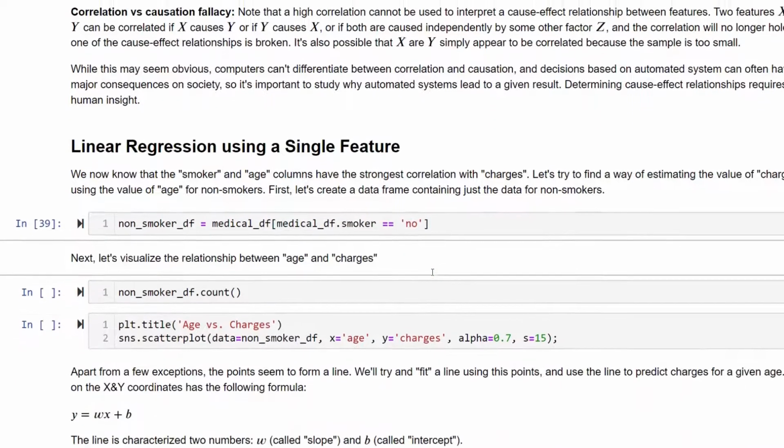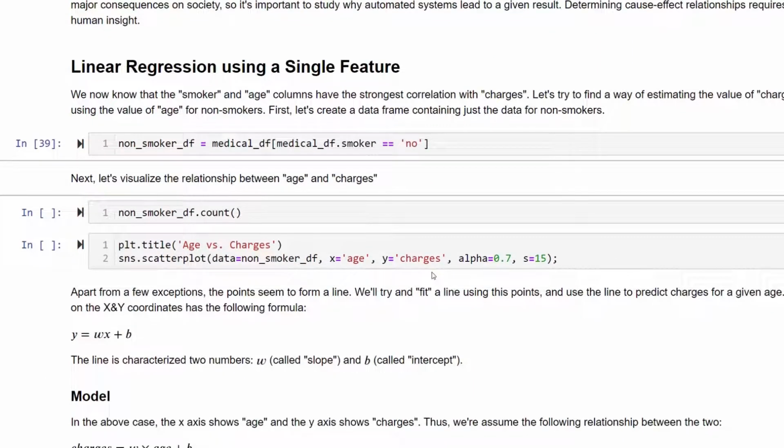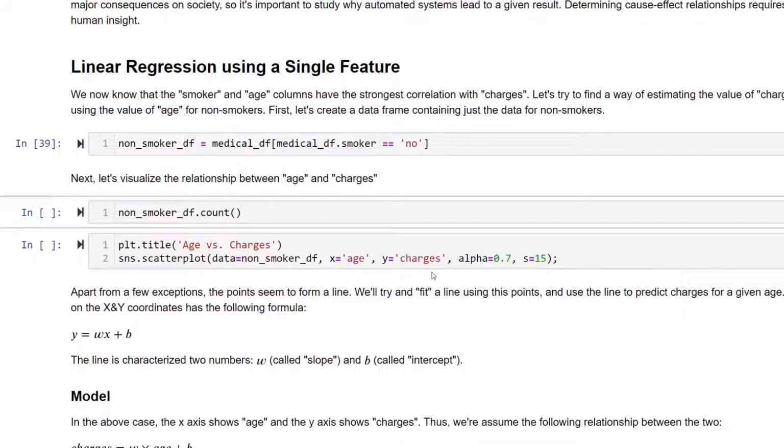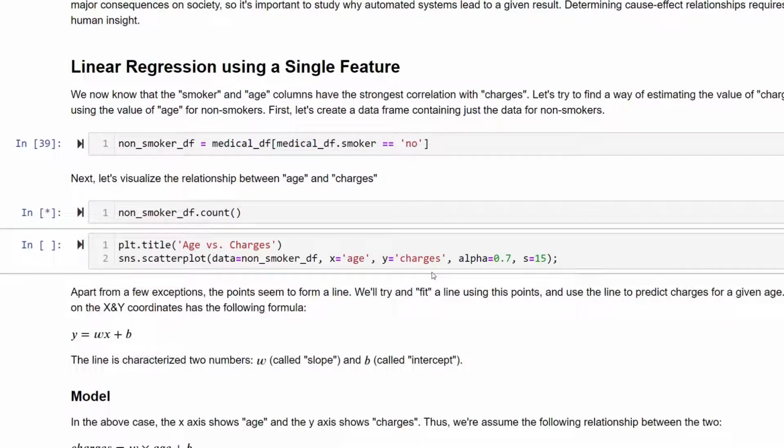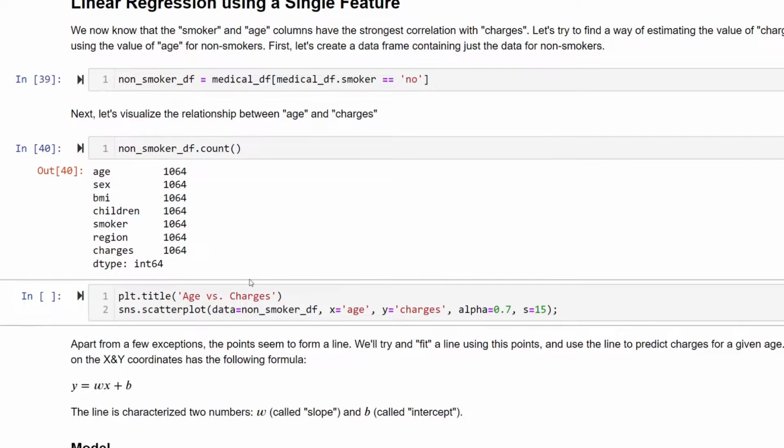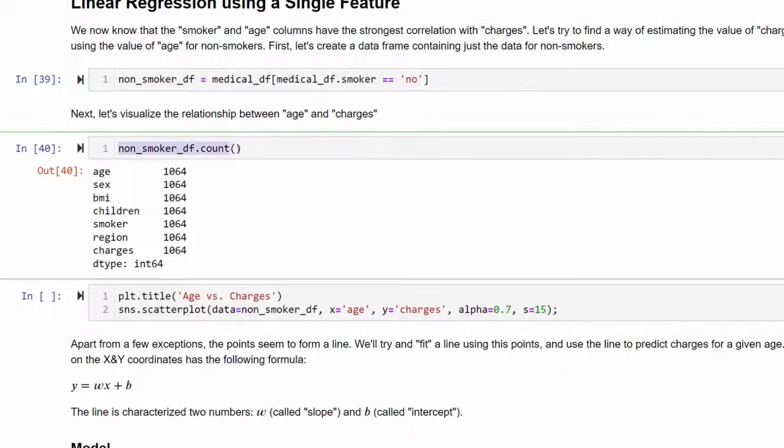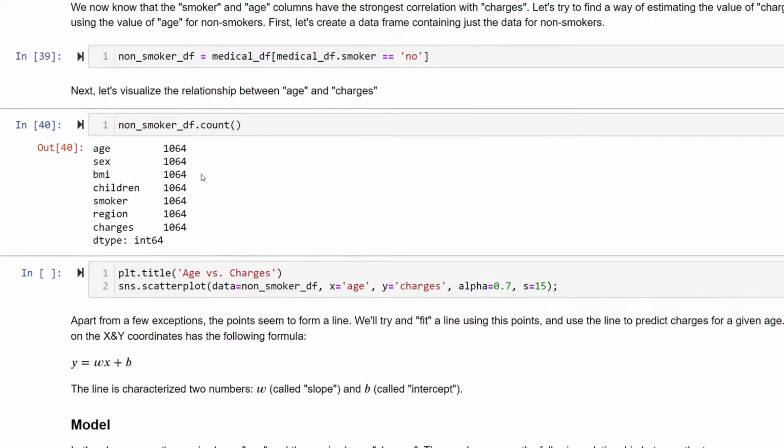Let me run this code. It ran perfectly. Next we are going to visualize the relationship between age and charges. Let's see how many non-smokers there are in our data: non_smoker_df count, it was about 1064 out of 1334.